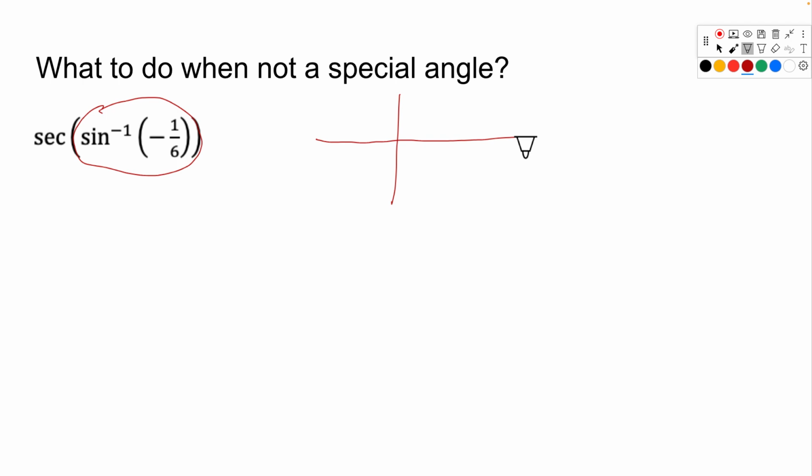We can create this triangle. Negative 1/6. Remember, what is sine? Sine is opposite over hypotenuse. Right? Did I get that right? Sometimes I get it wrong. Okay, opposite over hypotenuse. It's negative, so it's got to be either in the third quadrant or the fourth quadrant.